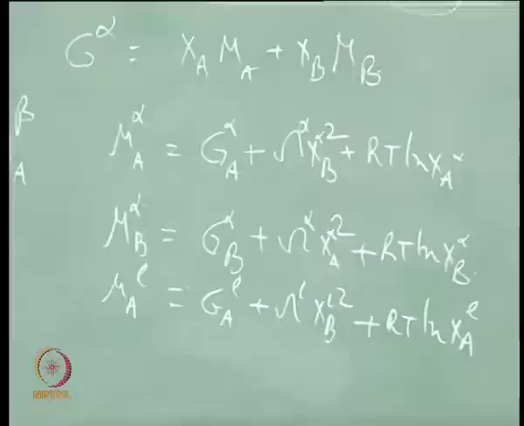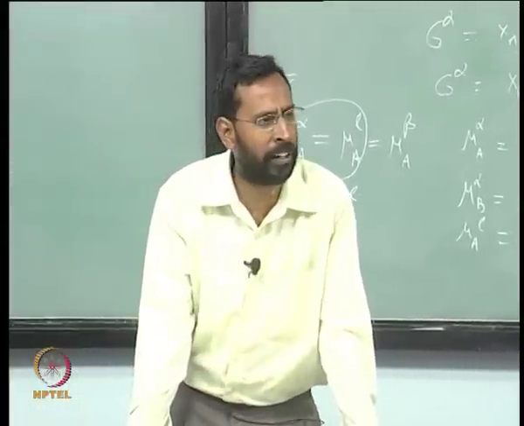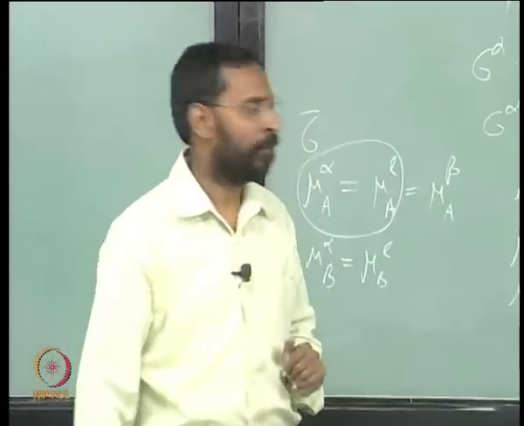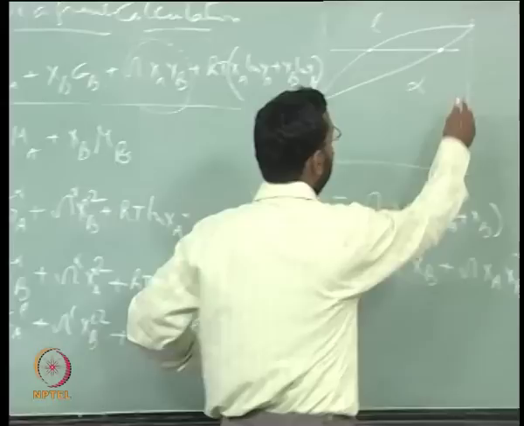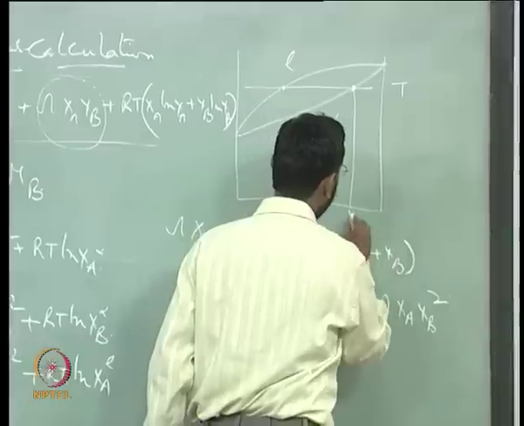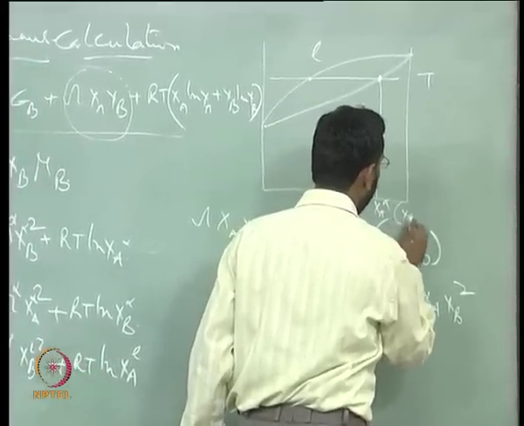Whenever you want to find out a phase diagram, when I am talking about calculation of a phase diagram, what is our interest? Equilibrium compositions at different temperatures. That means at this temperature T, I want to find out what this is in terms of XA alpha or XB alpha, one of the two.